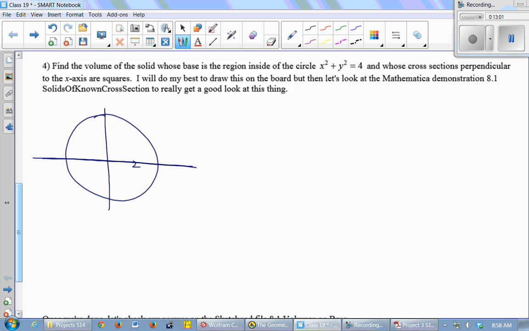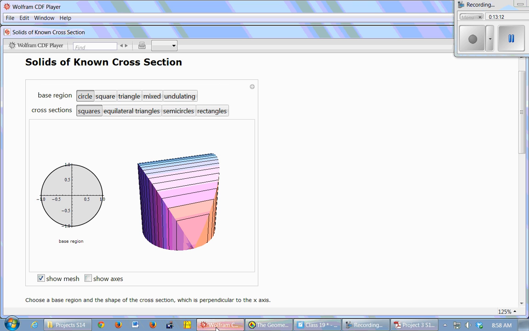Are squares. So I'm absolutely terrible at drawing this. I'm not going to try. I will show you a little animation. Okay, so here is a circle. Sketched just the base. This one happens to be a circle of radius 1.